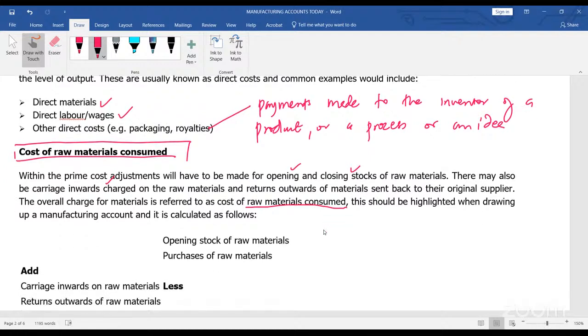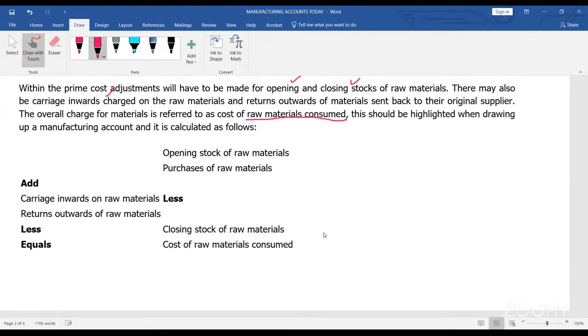So in your manufacturing account, you will start with the opening stock of raw materials. Those materials that exist at the start of the period, how much is their value? That is the opening stock of raw materials. On that opening stock, we add the purchases of raw materials, because sometimes the opening stock of raw materials is not enough.